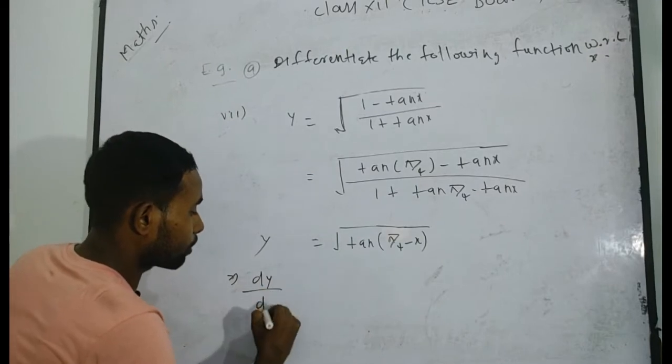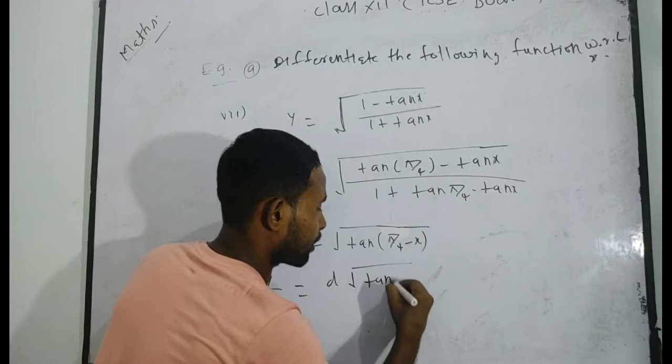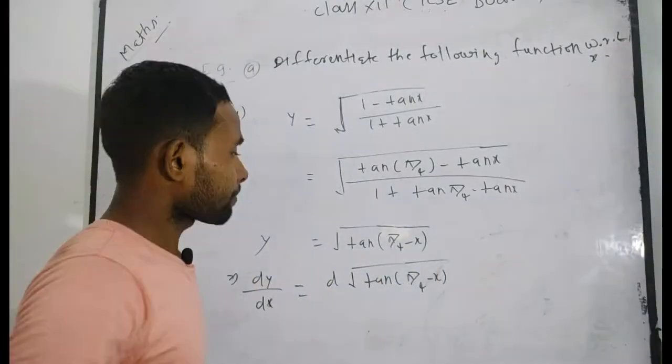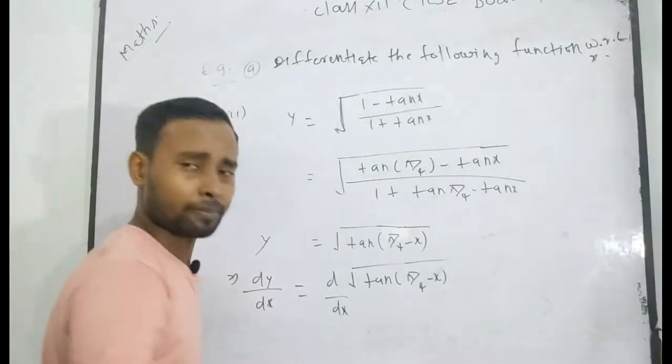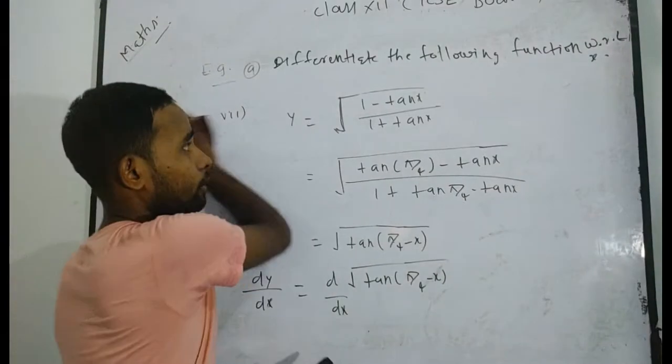If you differentiate on both sides, you will get dy by dx equal to the derivative with respect to x. First of all, you can differentiate.